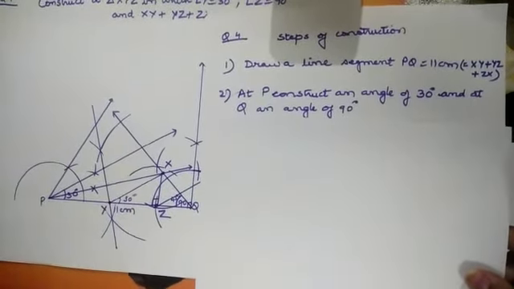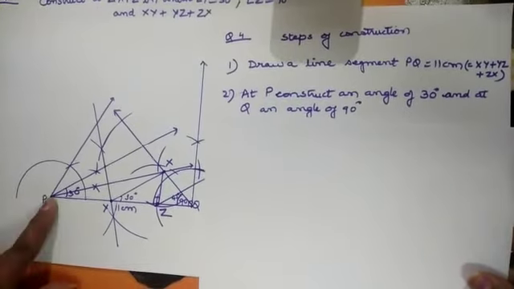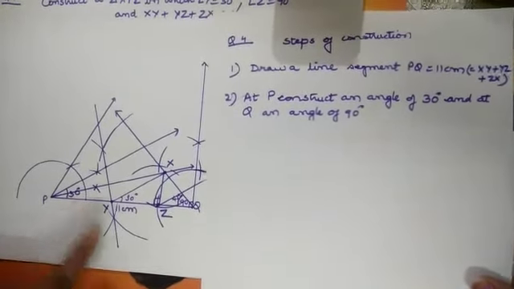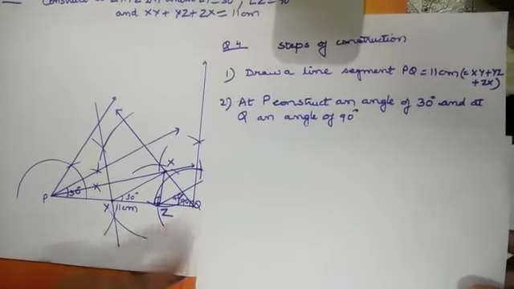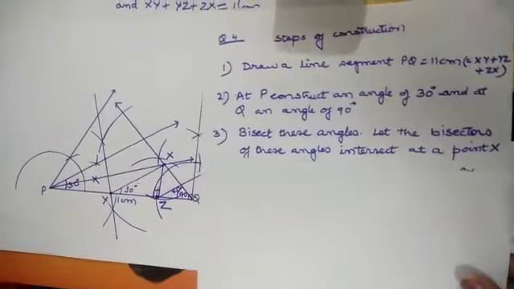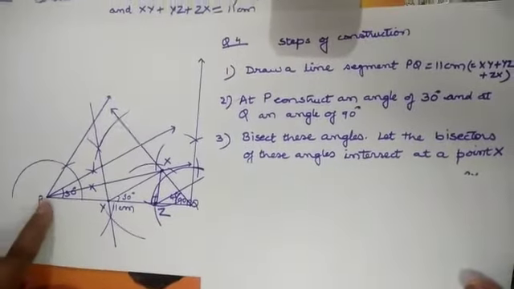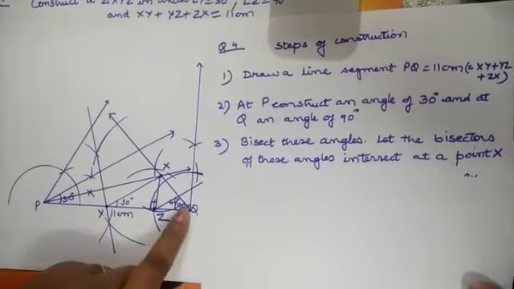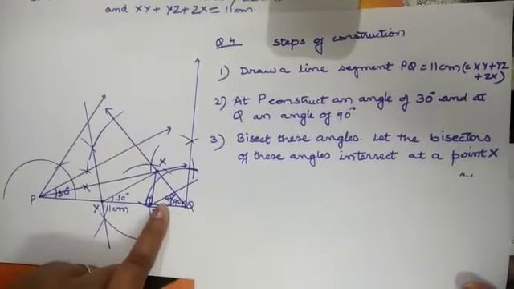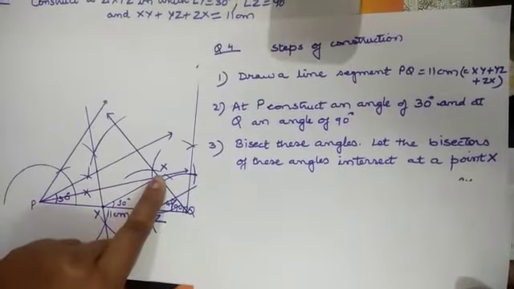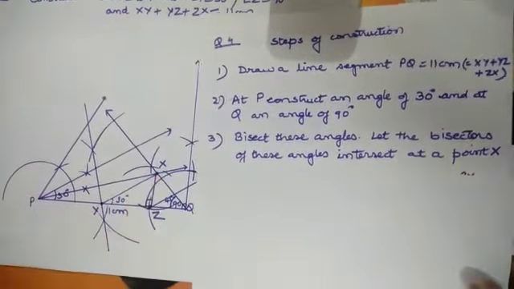Then the second step was that at P you have constructed a 30 degree angle and at Q a 90 degree angle. After that you have bisected these two angles. That means you have bisected 30 degree to 15 degree and 90 degree to 45 degree. And the bisectors of these two angles were intersecting at X.